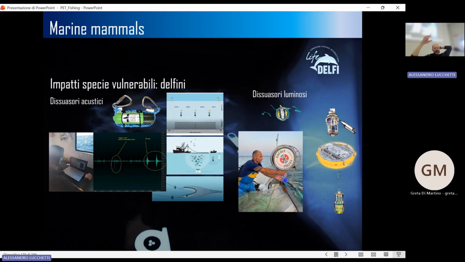We did this project on dolphins starting using the DID, which is an interactive pinger. According to the factory specification, this type of pinger should emit a sound only in presence of dolphins. This device has been used in the last 20 years.